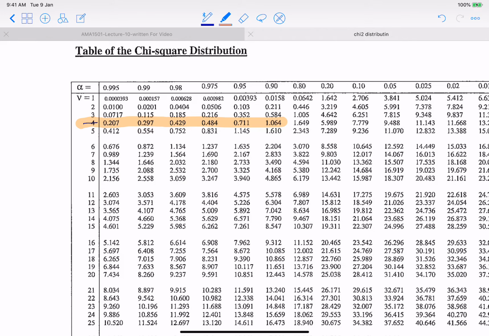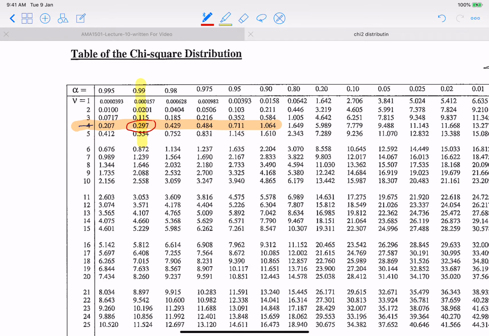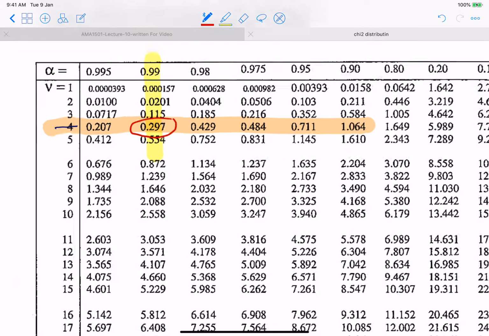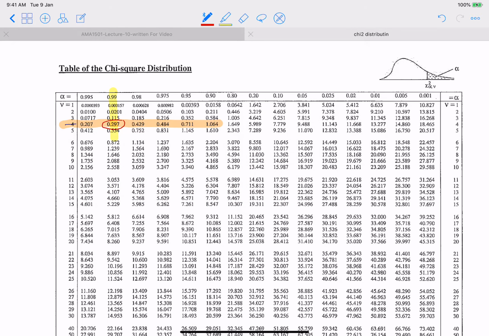Then we go down, and again, like the standard normal distribution table, we just find the intersection. So chi alpha squared here is 0.297.